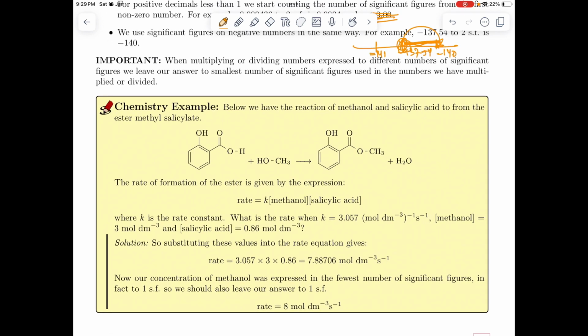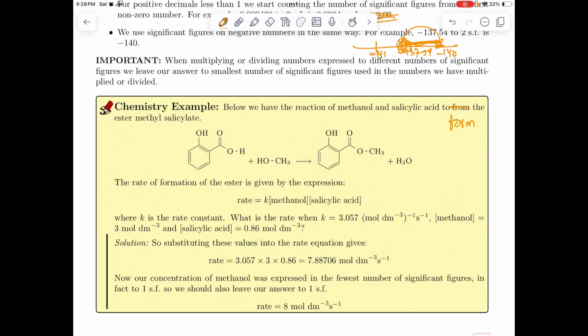Let's take an example from chemistry again. We have a reaction of methanol and salicylic acid to form the ester methyl salicylate. Basically, it's a benzene ring connected with an OH group and a double-bonded oxygen connected with OH.